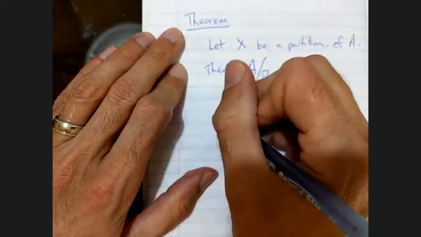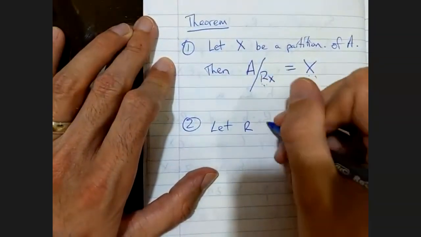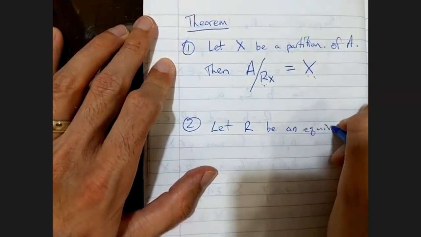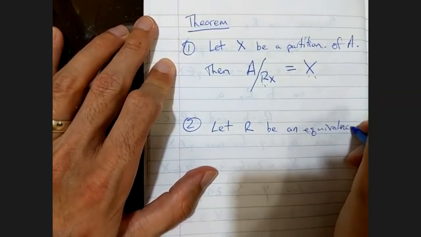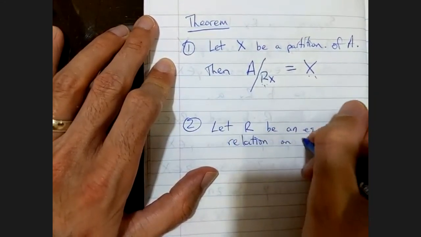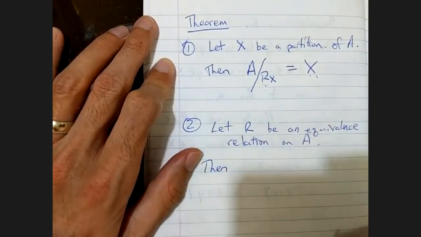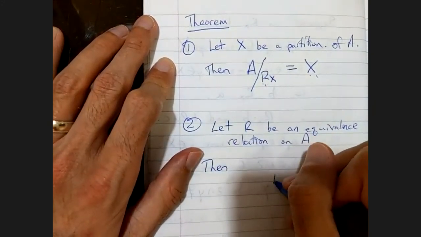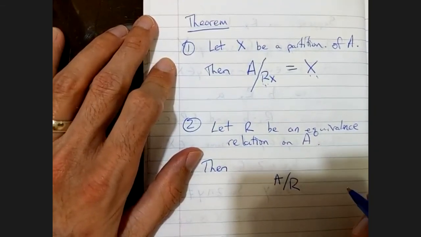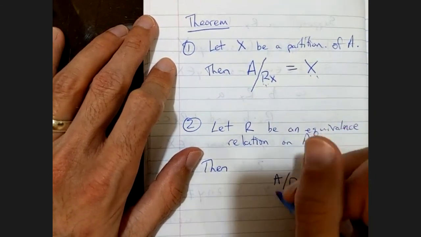Okay, and it also says, let R be an equivalence relation. Then you can look at the equivalence classes of the equivalence relation. That forms a partition.